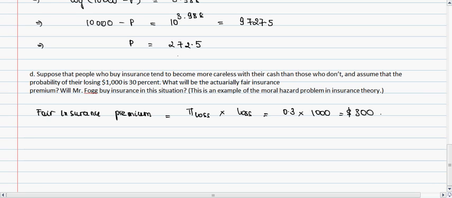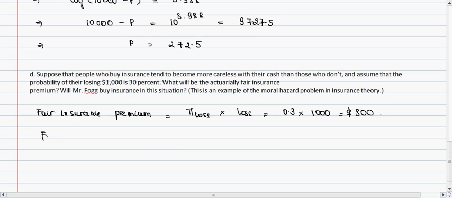What he's willing to pay is the amount of money over here, which is calculated on the chance of losing the money that he is aware of. He knows that with 25% chance he's going to lose the money, and this is the maximum amount that he's willing to pay. So if the company is charging a price of 300, the consumer will not buy the insurance from the company, even though the price is fair.